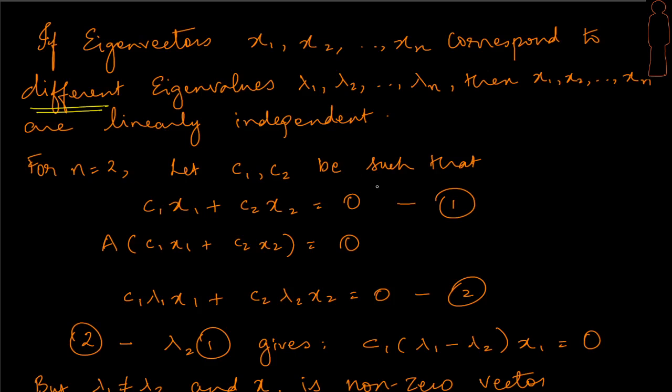We will try and prove this statement, but before we prove it, we should not take the opposite to derive wrong information. It doesn't say that if the lambdas are the same, then the eigenvectors will be dependent. No, that statement can't be inferred from this statement.